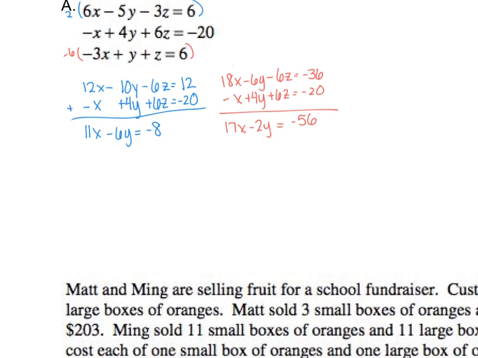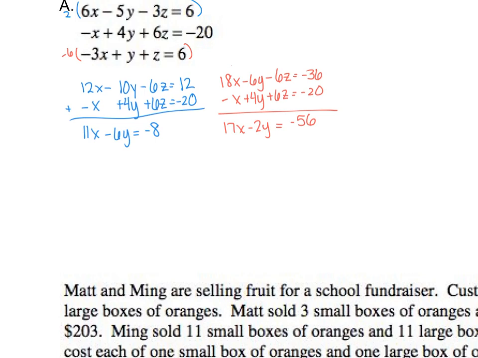So now I'm going to pair these two guys together, and we're going to try to eliminate x or y. I notice that they have a y that I can eliminate. So I have 11x minus 6y equals -8. I have -51x plus 6y equals 56 times 3, 168.